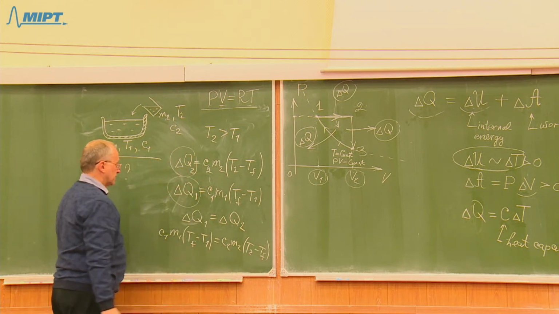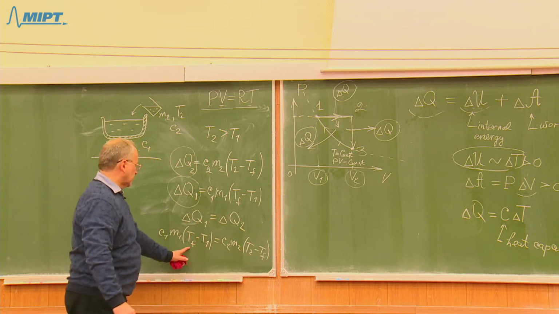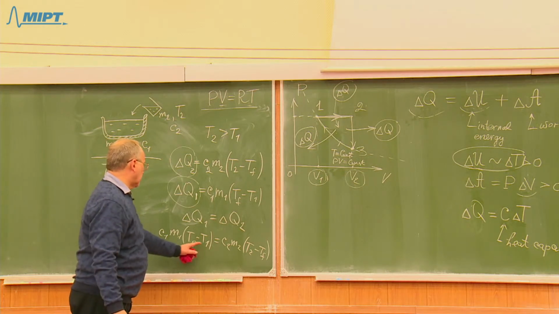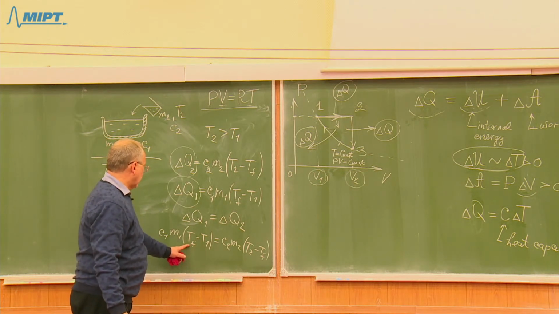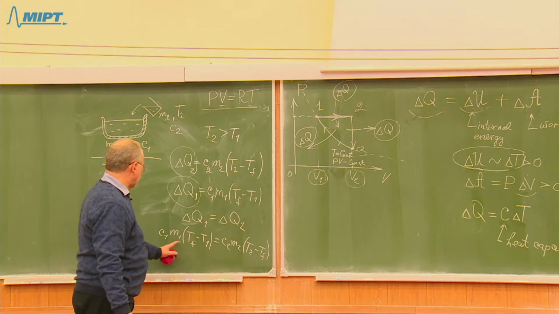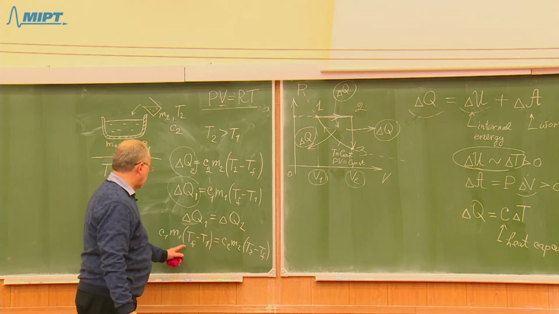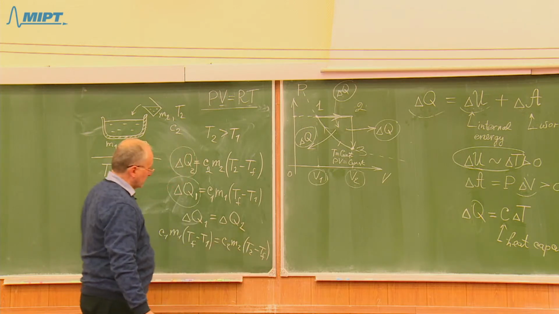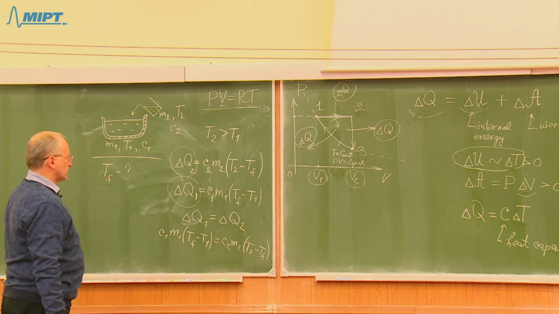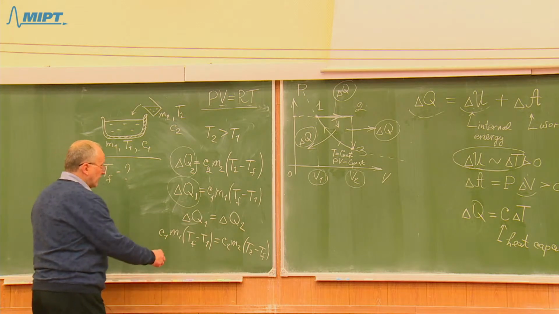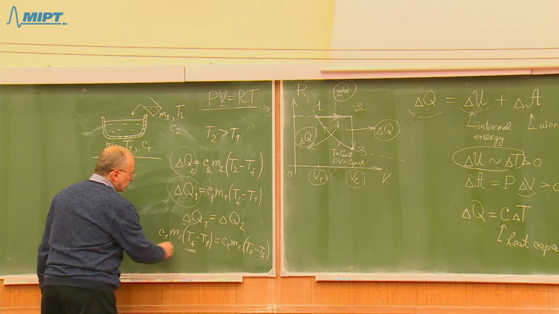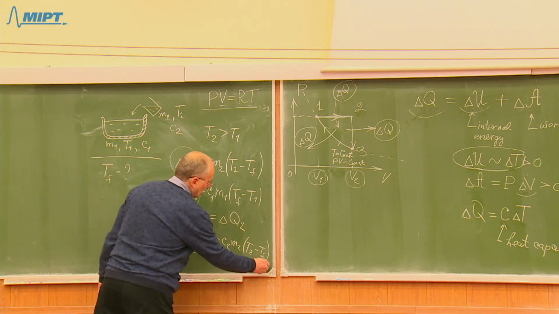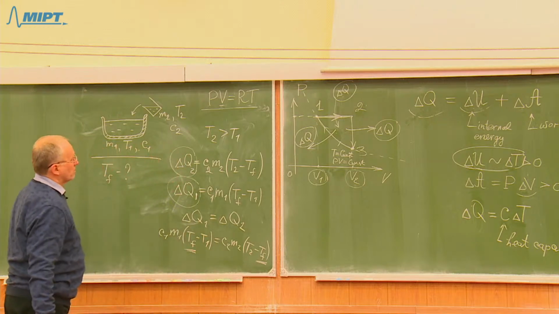Both quantities are positive because I use such an order of these terms that this expression in round brackets is positive here, and also it's positive here. So it is okay to use such an equation. We have to find the unknown quantity, which is the final temperature, from this equation.